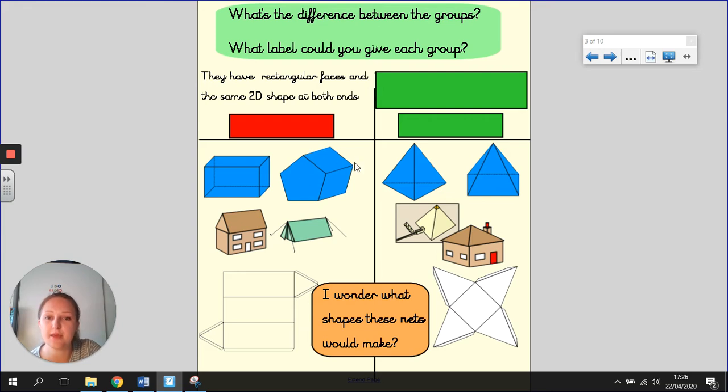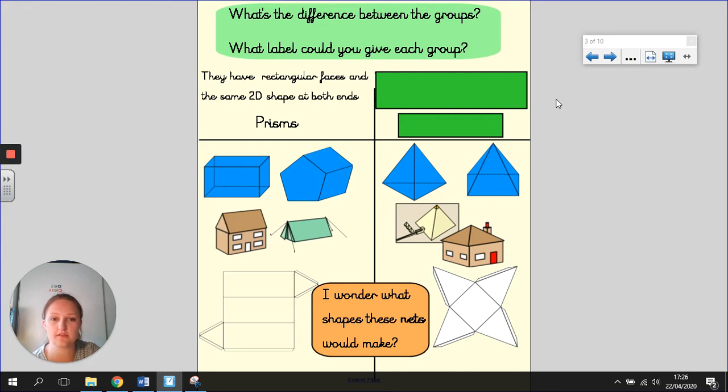And if that shape has a pentagon at both ends, it means it is a prism. Prisms have rectangular faces. You can see lots of rectangular faces and the same 2D shape at both ends. What 2D shape would this tent have at both ends and this roof?